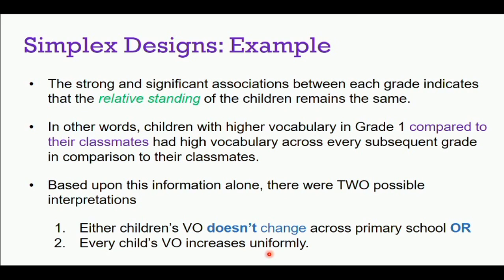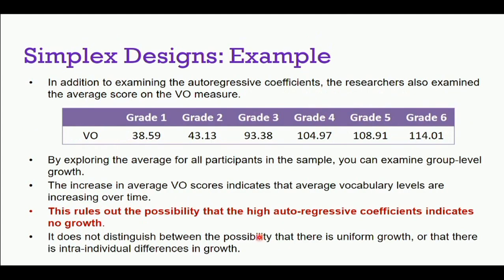And to show that that second case had happened, they actually presented the means. And they actually ran an analysis of variance. So you remember the repeated measures analysis of variance, and if it's significant, it indicates it's increasing, or at least that it's changing across grades. So by exploring the average, you can examine group level growth.